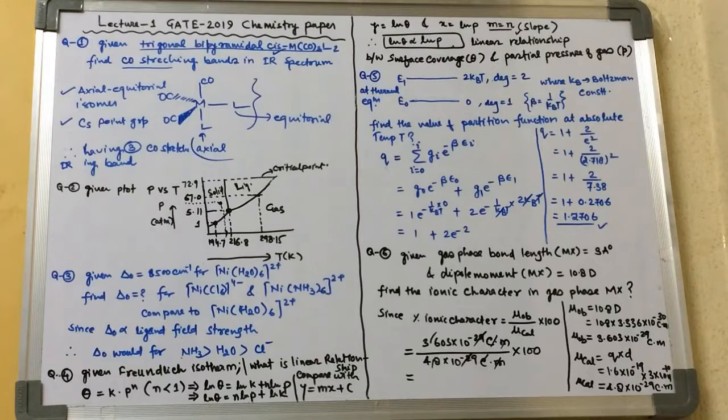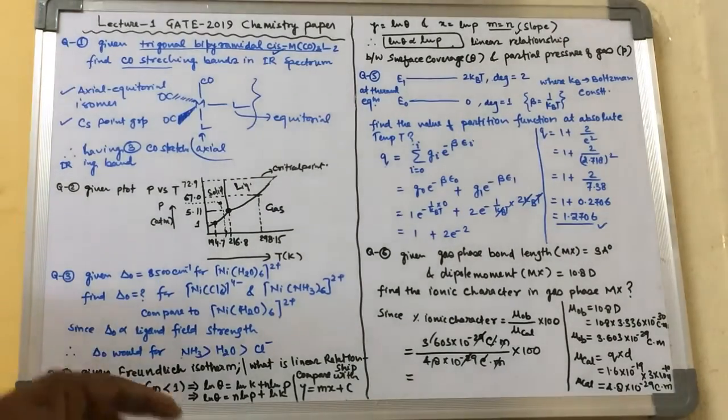Now the second option: it is not possible to obtain liquid CO2 from gaseous CO2 below 5.11 atm. Is it possible or not?